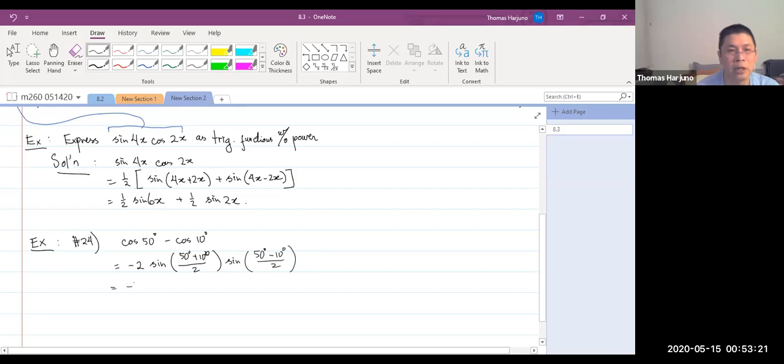This is -2 sine 60 degrees divided by 2, sine 40 degrees divided by 2, that's 20 degrees. Well, we happen to know that sine 30 degrees is 1/2. So this equals negative sine 20 degrees.